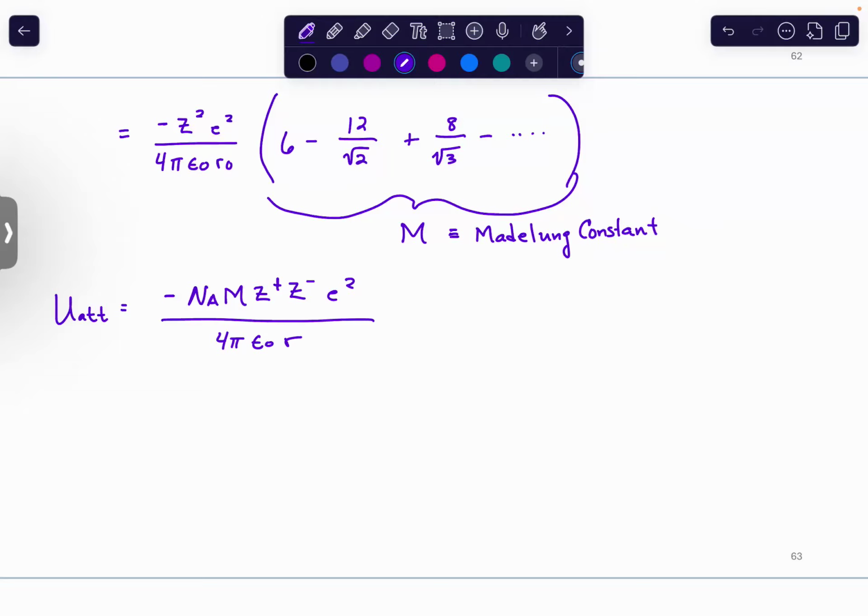Is it just R, not R0? Yeah, this is just a generalized R. The first part we were using a specific crystal to get to this point, but now we can see that this would be the attractive because we have the Z plus and the Z minus. We can't just simply call it Z squared.